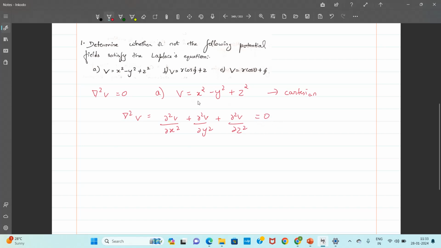The given equation is x square minus y square plus z square. First I will perform the differentiation dou square v by dou x square. It can be written as dou by dou x of dou v by dou x. You can split this double differentiation into two terms. First we do the inner differentiation, dou by dou x of v, which is x square minus y square plus z square.